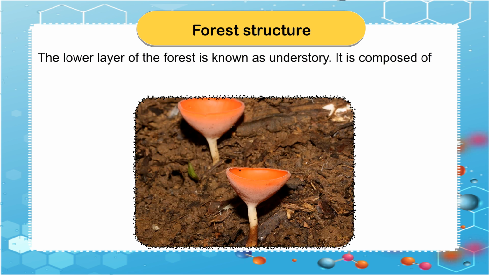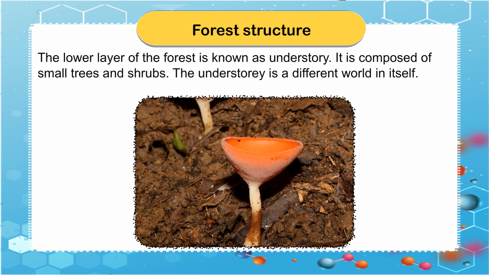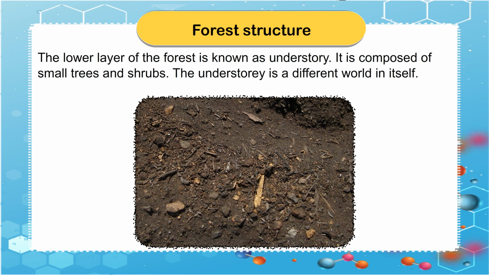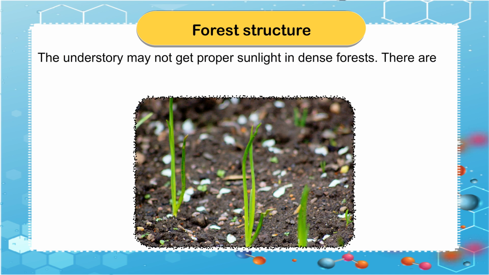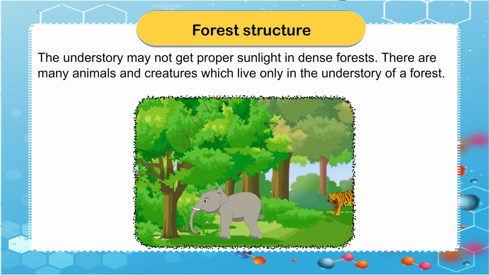The lower layer of the forest is known as understory. It is composed of small trees and shrubs. The understory is a different world in itself. The understory may not get proper sunlight in dense forests. There are many animals and creatures which live only in the understory of a forest.